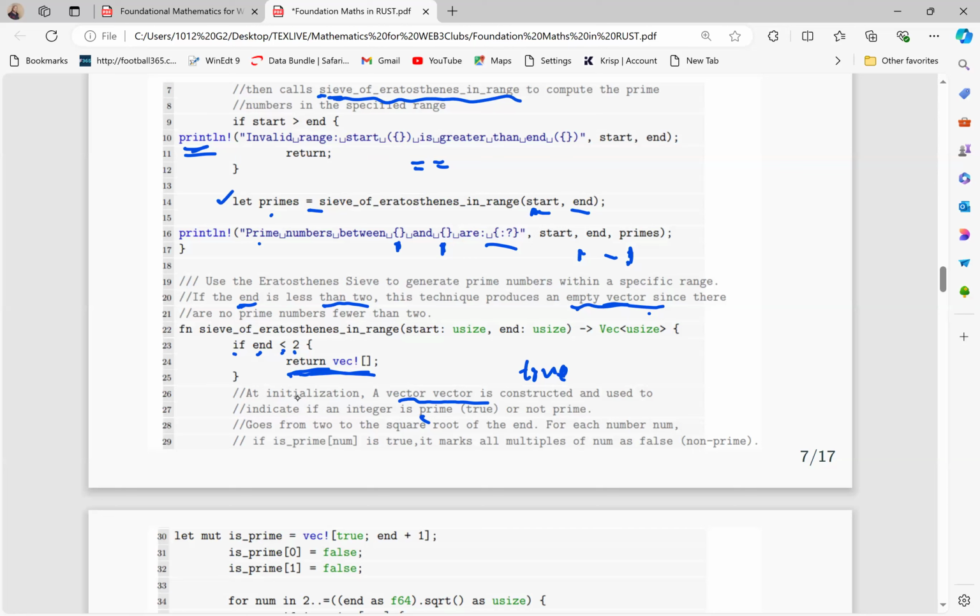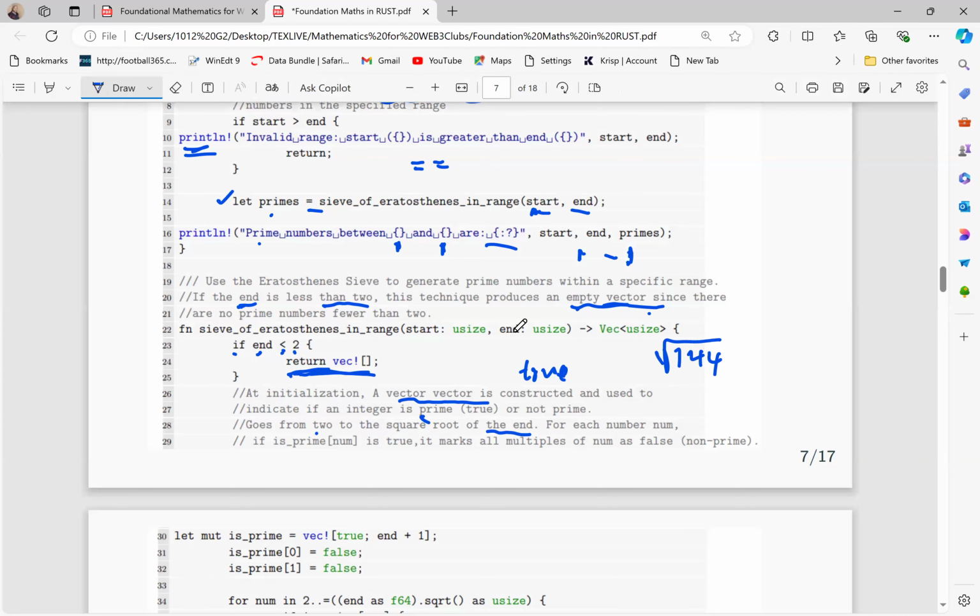That's what I've said here: it goes from 2 to the square root of the end. Supposing your end is 144 in this case, it's running from 2 to the square root of that end.